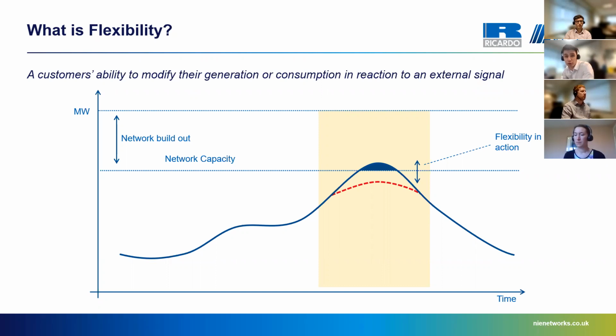Now, through using flexibility, we plan to address the cause of congestion rather than simply implementing a copper solution. So in that way, we hope to engage customers to manage their demand, and in this example, to reduce their demand at those peak times, therefore keeping demand within existing network capacity. This allows us to remain within our license and statutory obligations, while allowing asset utilization to increase.